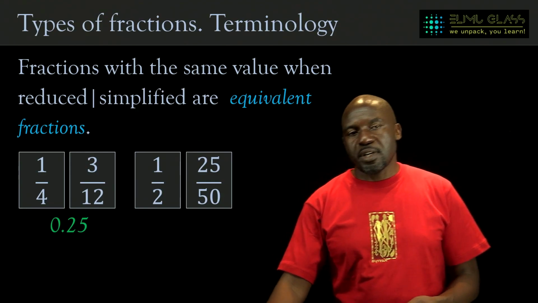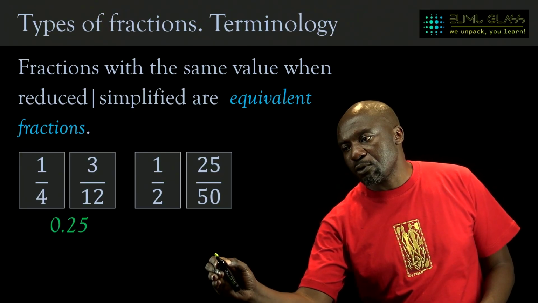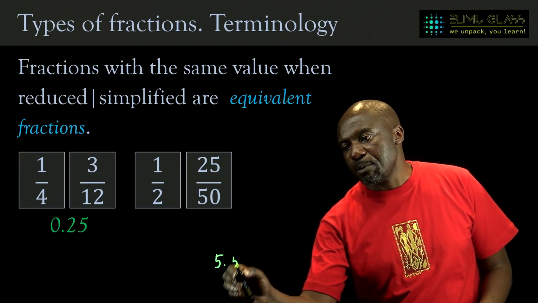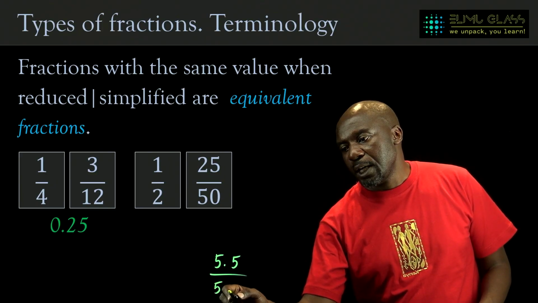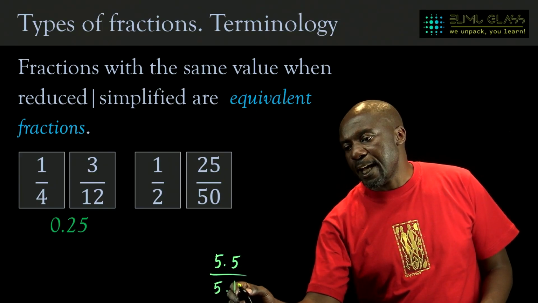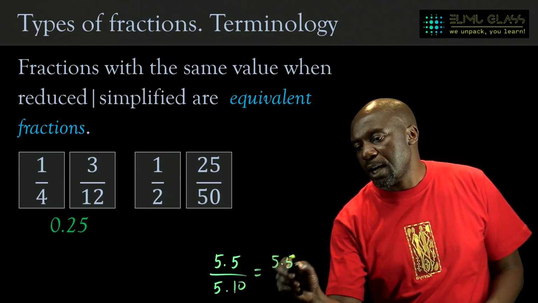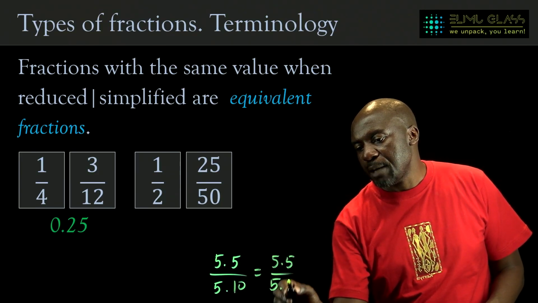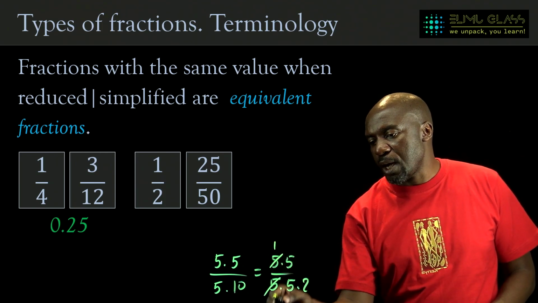I can write 25 on 50 as 5 times 5, so 25 is 5 times 5, and 50 is 5 times 10, okay, which is the same as 5 times 5 over 5 times 5 times 2. So that 5 goes with that, 1 and 1.